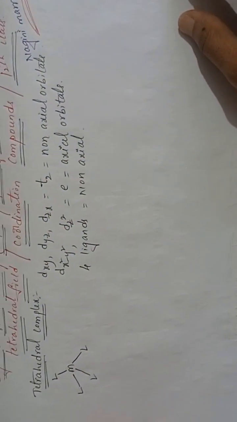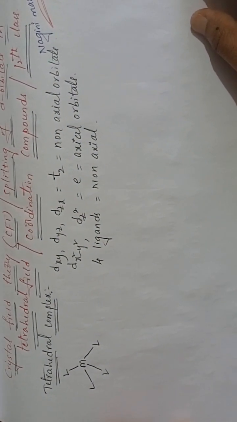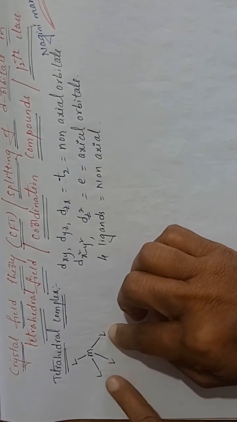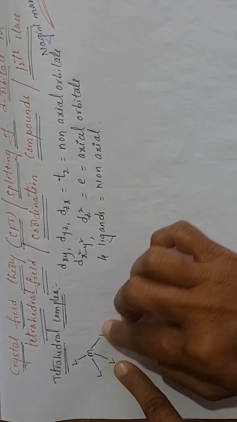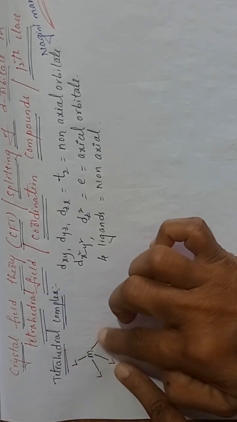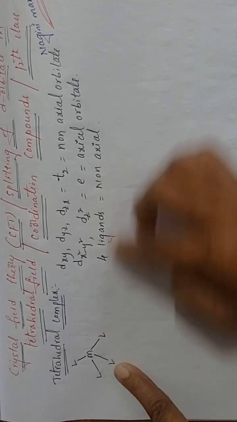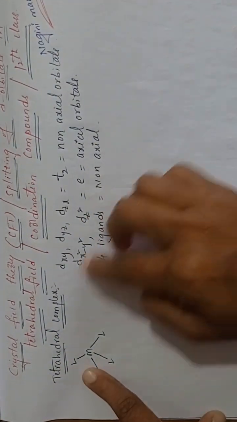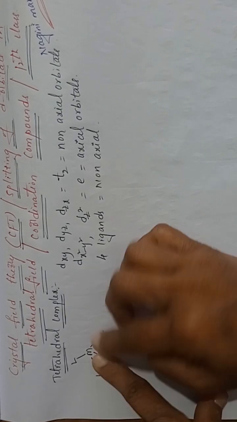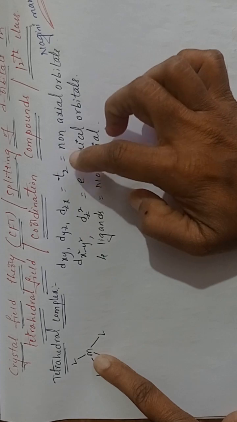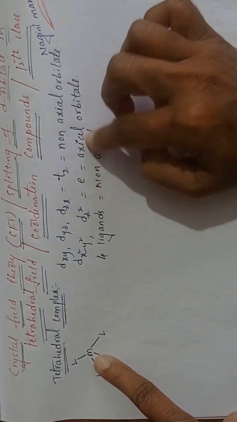Understood? Now see, students, we are discussing the tetrahedral complex. Here the 4 ligands are non-axial. That means the 4 ligands are not present along the Cartesian axis; they are present in between the Cartesian axis. Now, in the metal atom, a total of 5 d orbitals are there: t2 and e. t2 is non-axial, e is axial.